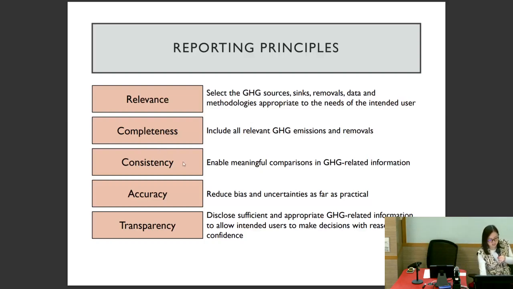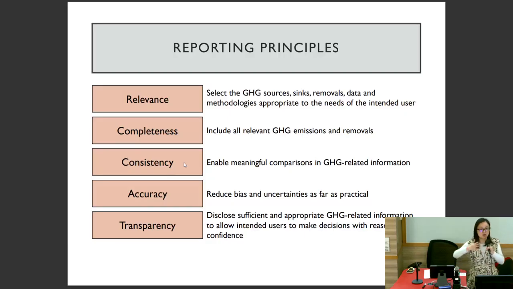Okay, and consistency, the same approach should be used. The same assessment method, the same approach. So maybe for the base year, you have selected the equity approach for identifying the organizational boundary. Then in the coming years, in the other years, you should use the same approach to define the organizational boundary.